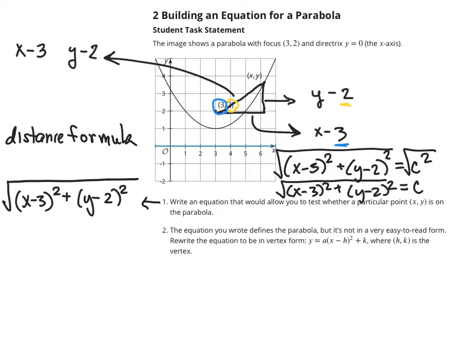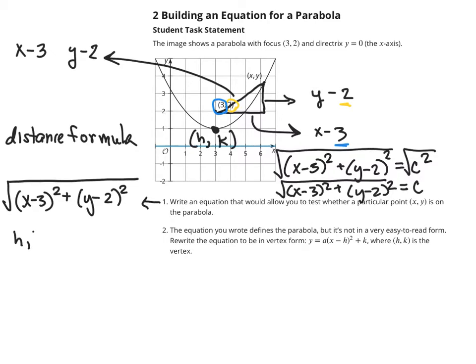Number 2 says the equation you wrote down defines a parabola, but it's not in a very easy to read form. Rewrite the equation to be in vertex form, which is super duper useful, where h and k is the vertex. So our vertex is right there, and we're going to call it h comma k.